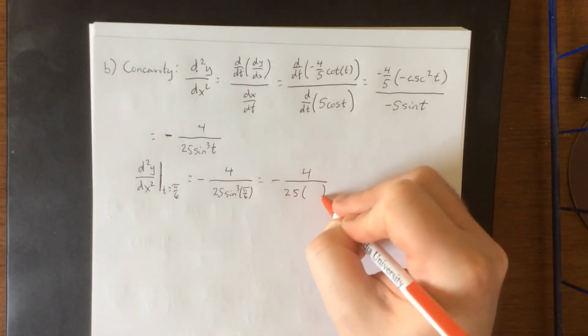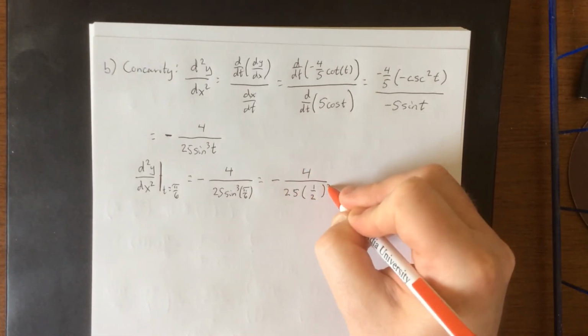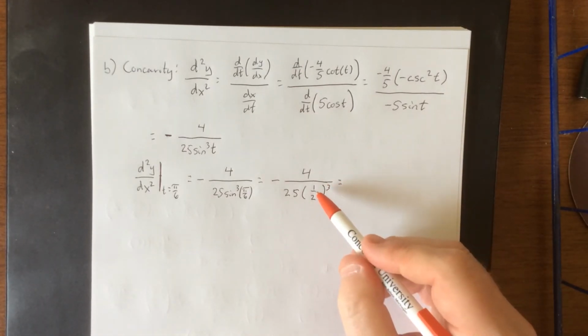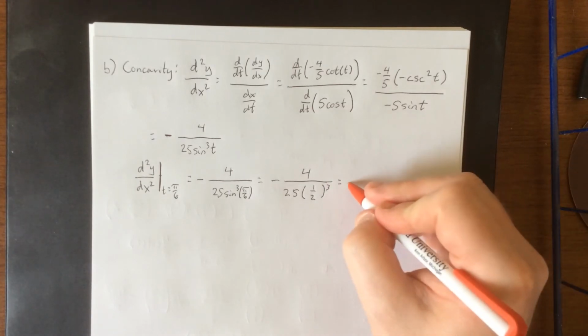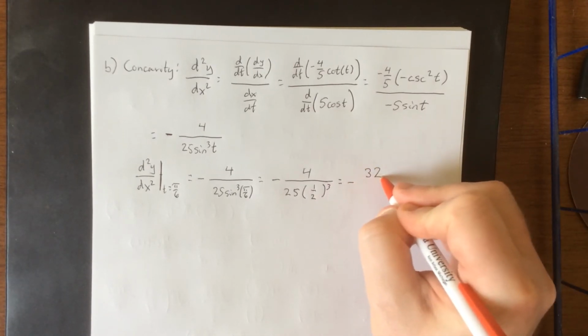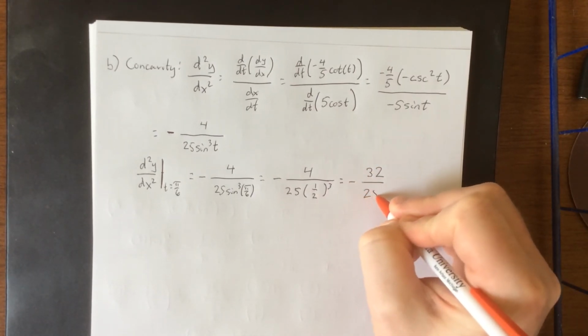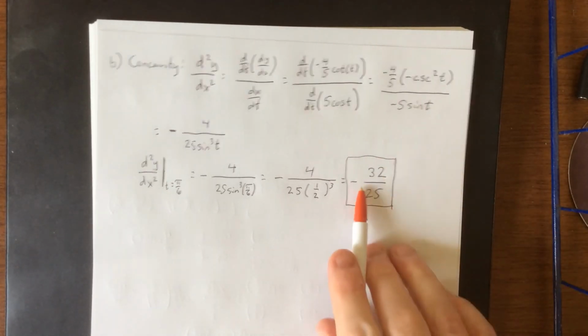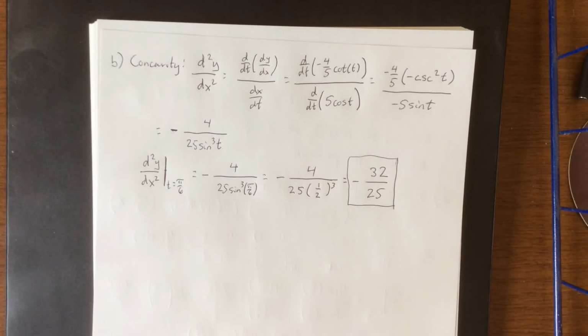Sine of pi over 6, which we've done a couple times, is going to be 1/2. When we cube that, we're going to wind up with a 1 over 8 in the denominator, which can head up to the numerator as a factor of 8. 4 times 8 up top is going to give us 32. Denominator stays 25. And we'll throw a negative sign in front to make sure that we know that this thing is concave down.